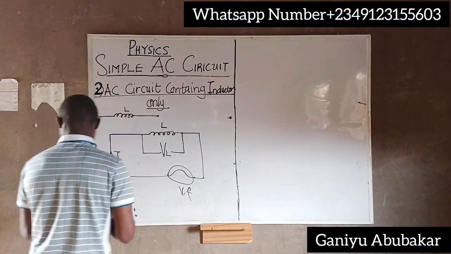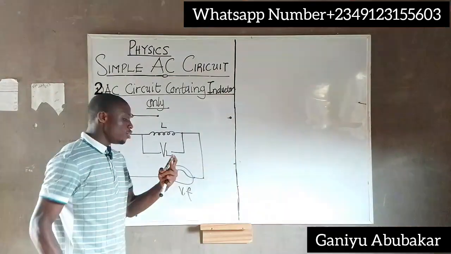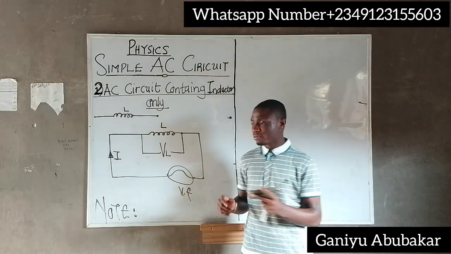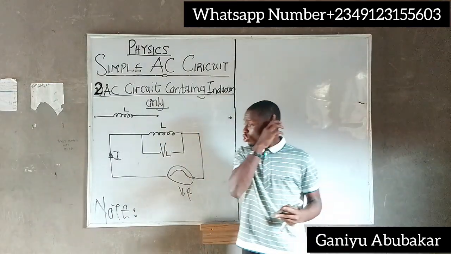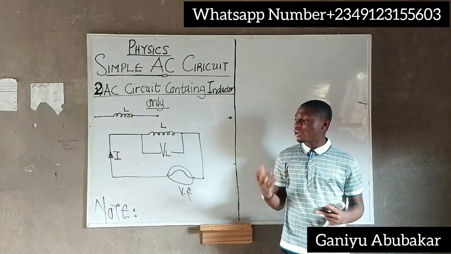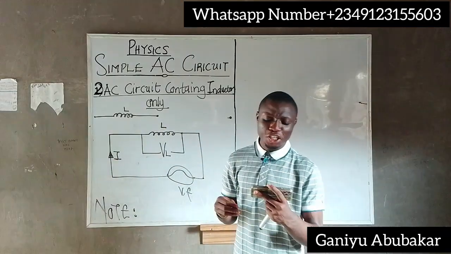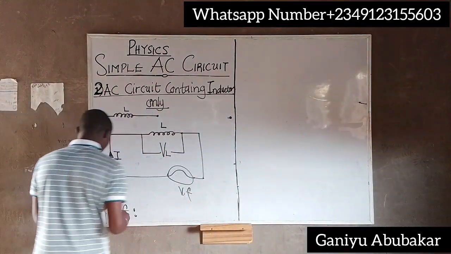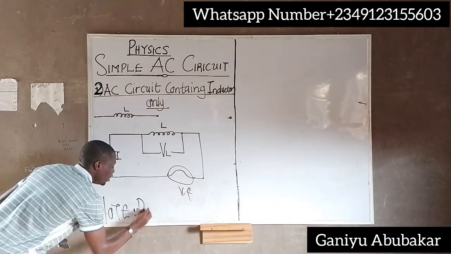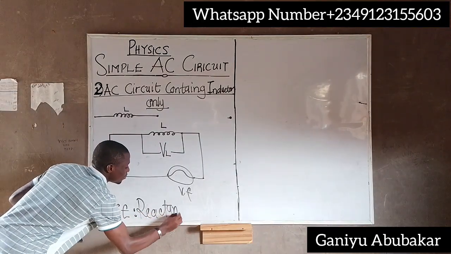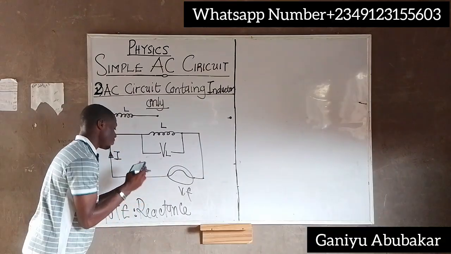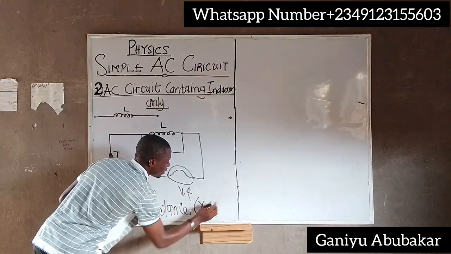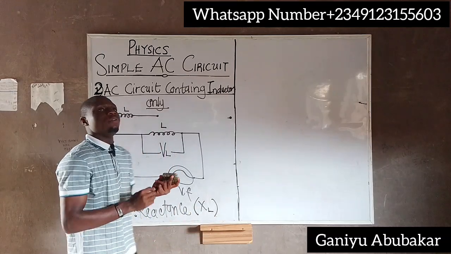The opposition to the flow of current in an inductor circuit is called reactance, and in brackets, that's XL. Now listen.